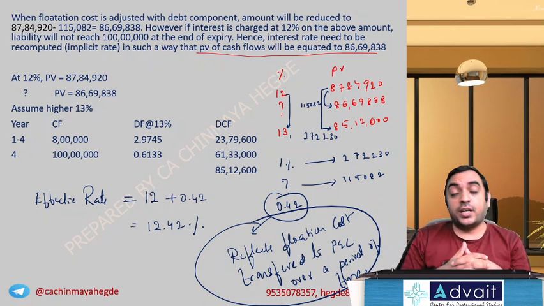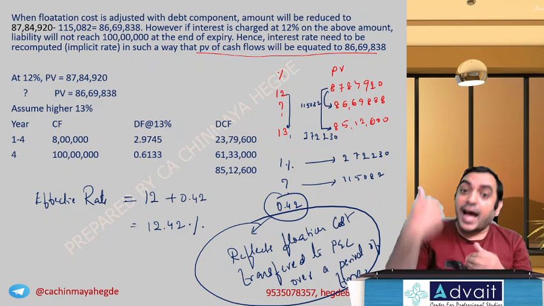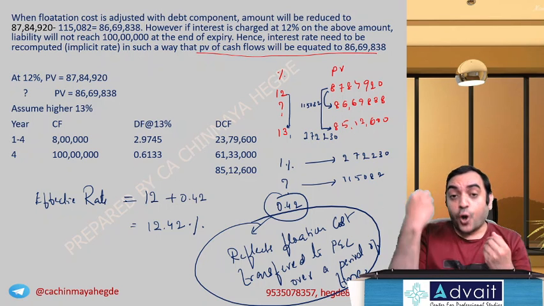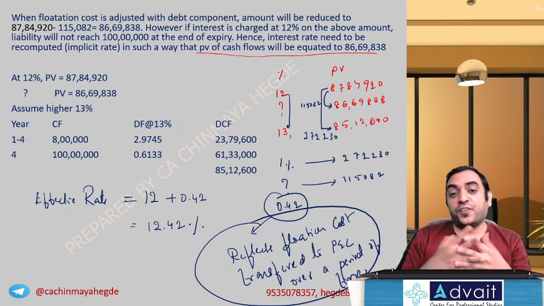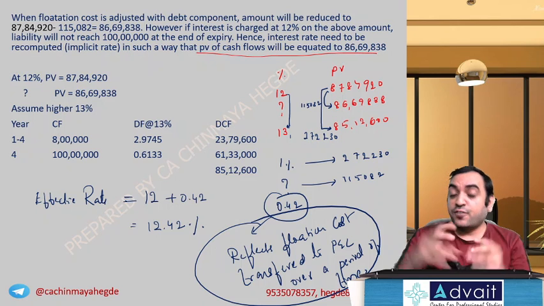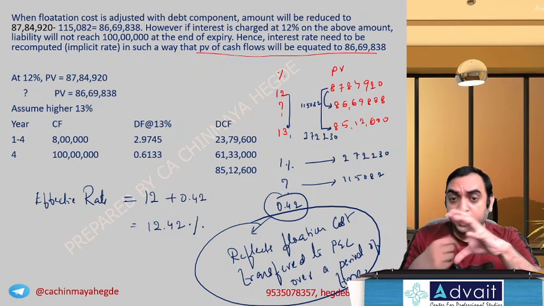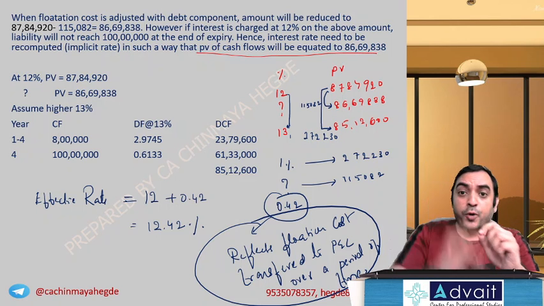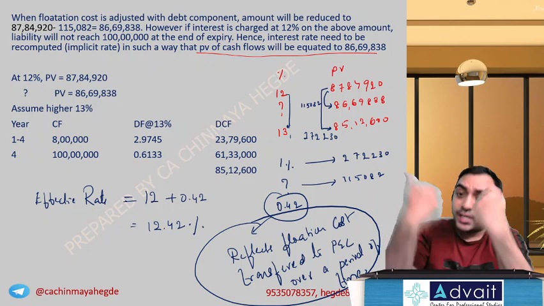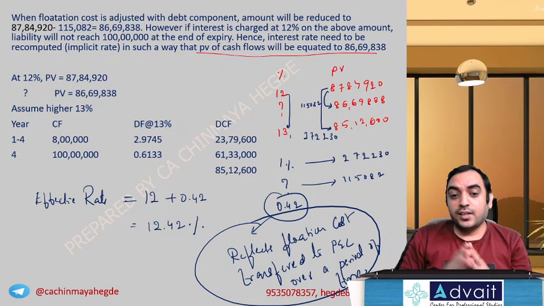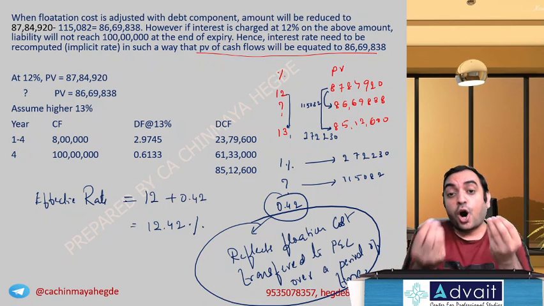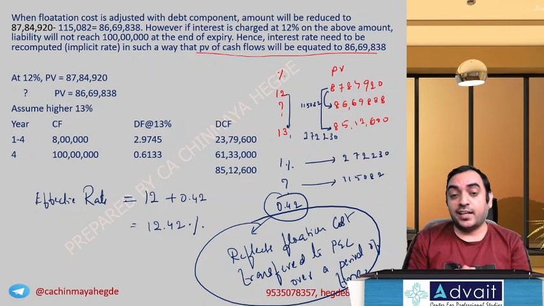In fact, in many study material questions, they have given the solution directly. They have not shown how the effective rate of interest is calculated. They say that for the above problem the effective interest rate is so much, and they give you the answer. And students always get confused: how is this effective rate of interest calculated?